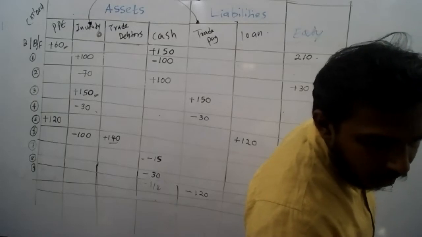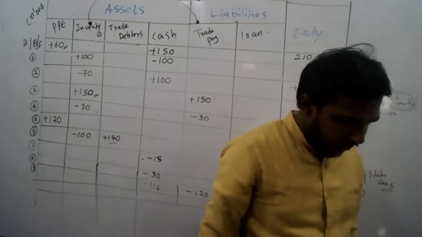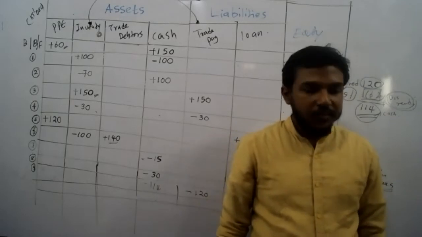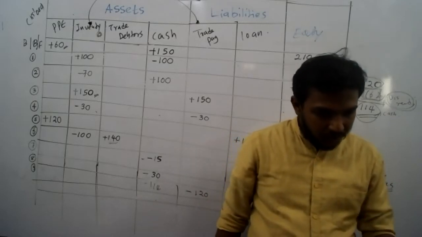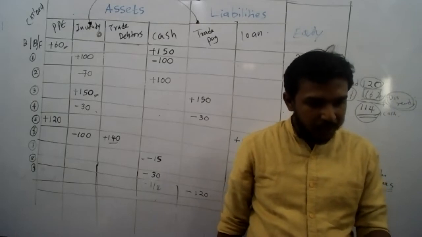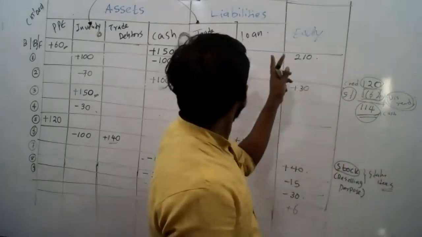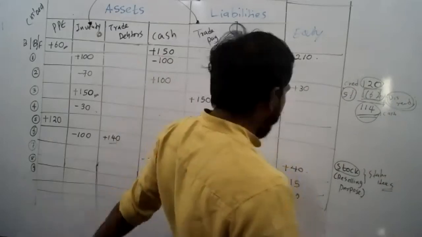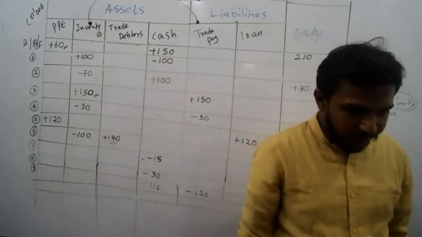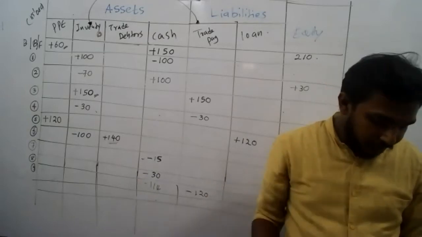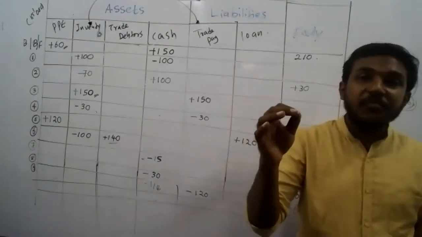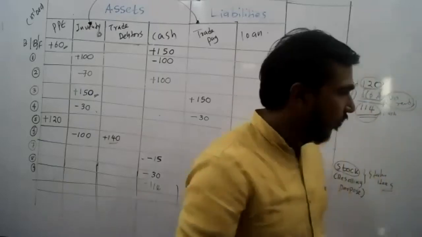Right. Now look here, what it says. Received, it's not trade payables, it should be trade receivables. Trade debtors, not trade payables. Look here, what they say: received the amount due from the debtors after allowing a 5% discount.